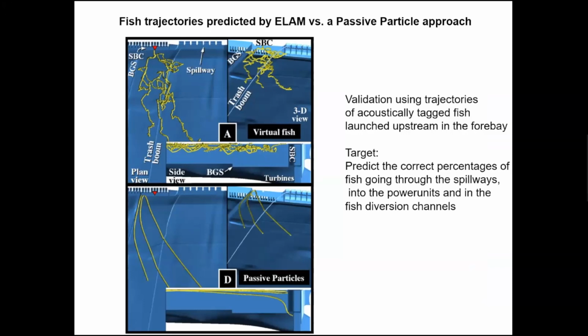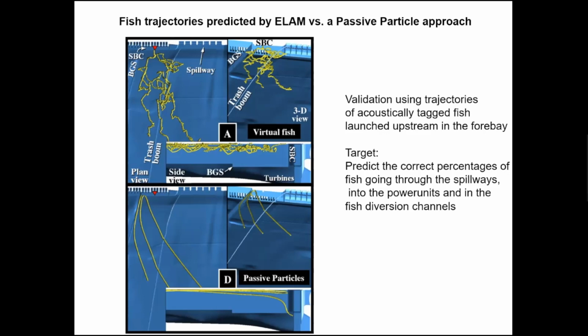So the problem now is how to validate such a model. What they did is acoustic tagging. They take some fish and introduce an acoustic sensor. Then with a helicopter, they release a certain number of fish with the powerhouse discharge and the spillway discharge constant. And from the plane, they record all these trajectories.